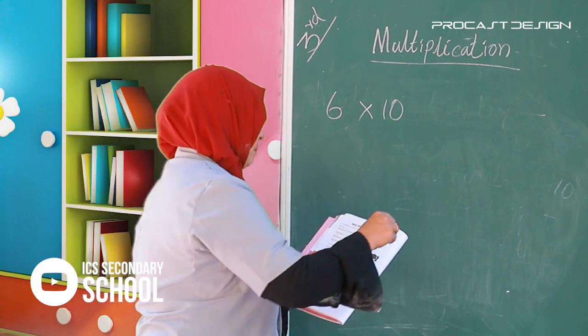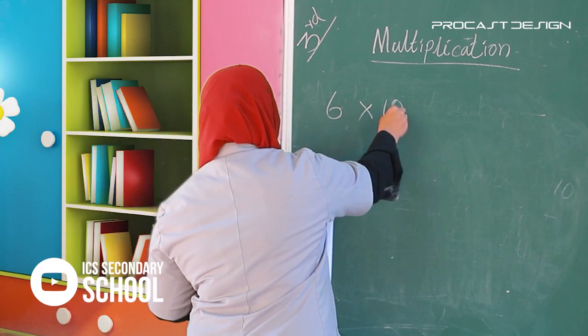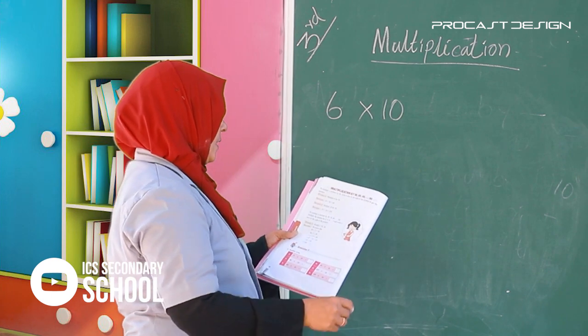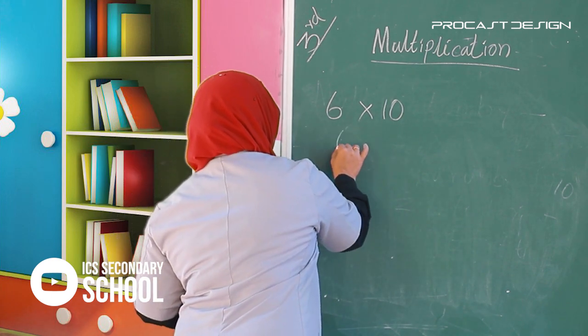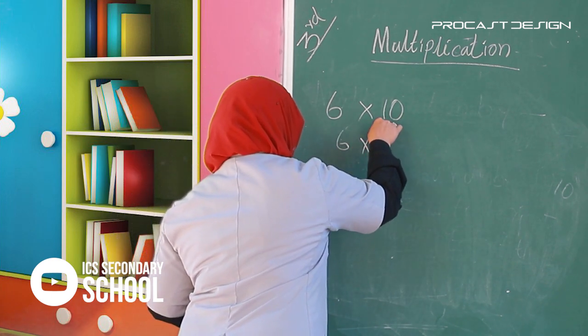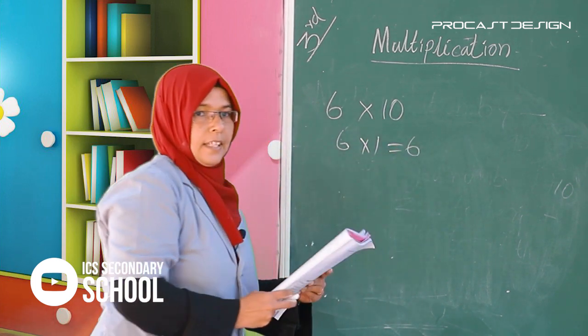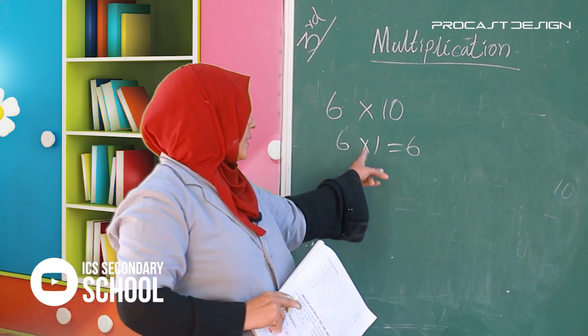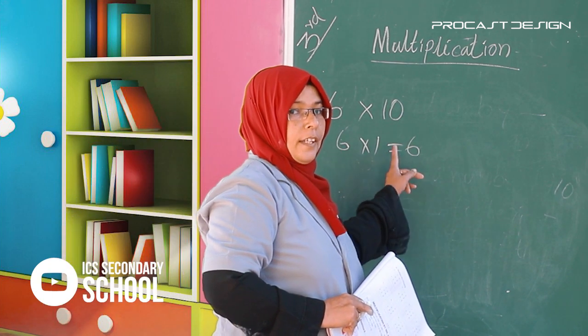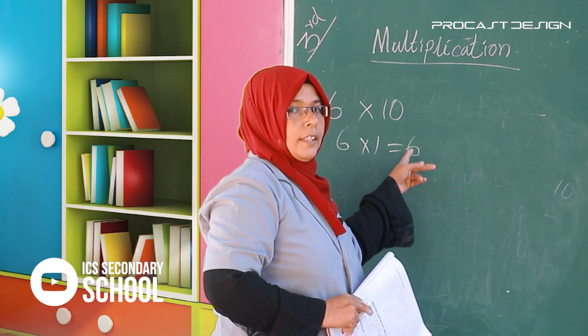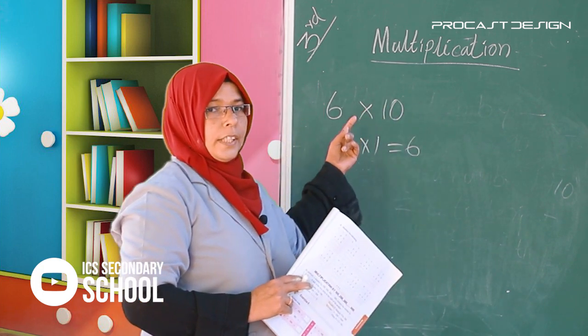We multiply the 6 into 10. 6 into 1 equal 6. Listen carefully. This is the easy way to multiply numbers by 10.